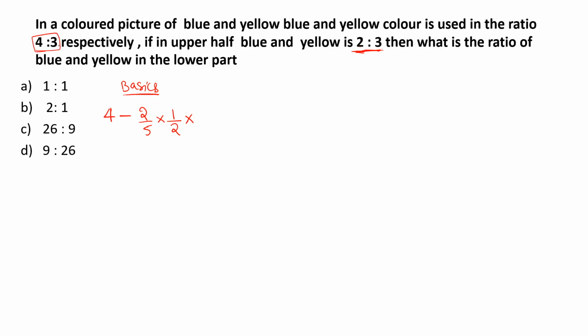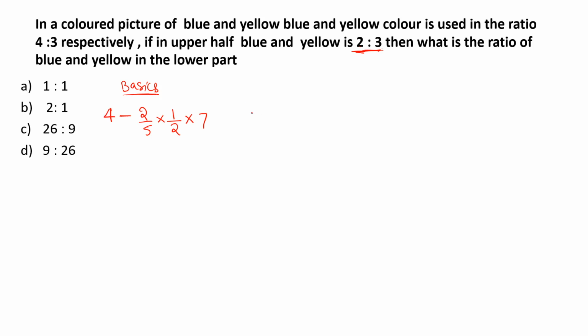The blue and yellow used to color this picture is 4:3, that means the summation 4 plus 3 is 7. Then the total value of the picture would be 7, and in the upper half that value would be half of the 7, and out of those, 2 out of 5 parts was blue. So subtract the amount of blue which was used in the upper part from the total amount of the blue.